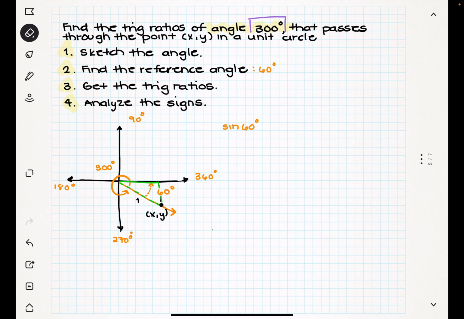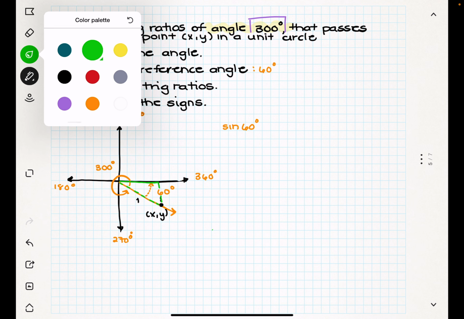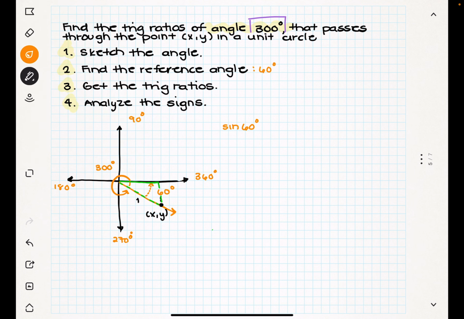With that information, I'm going to be getting my trig ratios. Okay, so we had sine of 60. If this is 60, my opposite is my y value, so I'm going to have this y value over the hypotenuse, which is the radius of 1. So sine of 60 is y over 1.